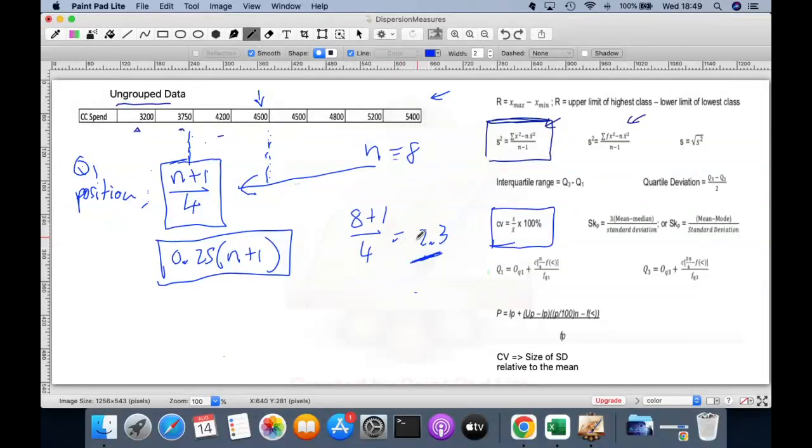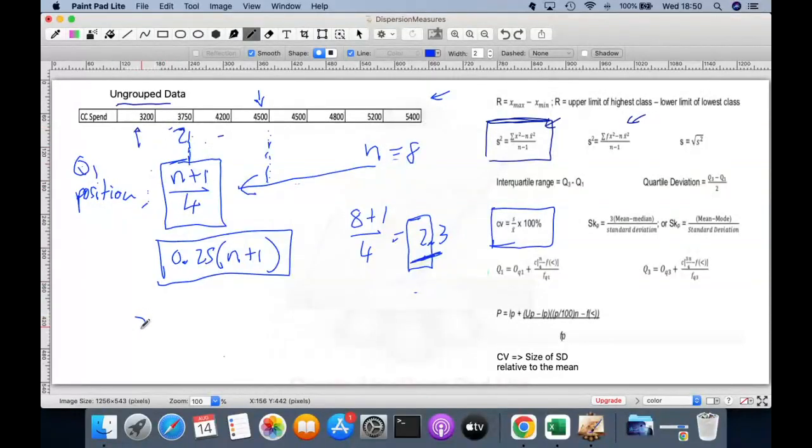Now, what do we do with this position? What this 2.25 is telling you is, if you arrange the data in order like we've done here, let's focus on the 2 only. This 2 is telling you to go to the second number. Here is the second number, which is 3750.